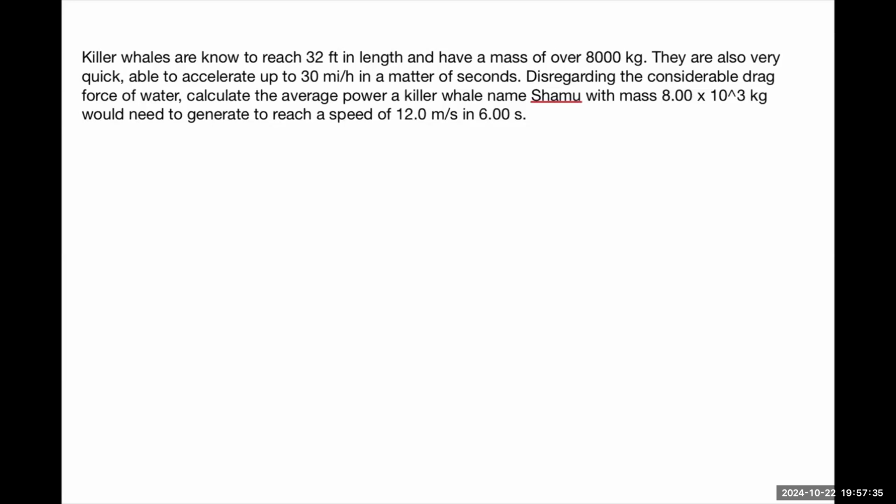So mathematically, how do we write that expression? From work energy theorem, work is also equal to what? Change in kinetic energy. Do you remember this?